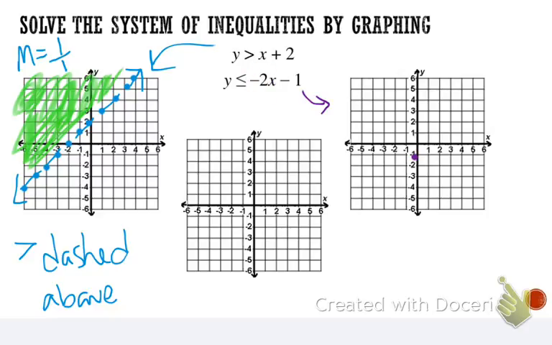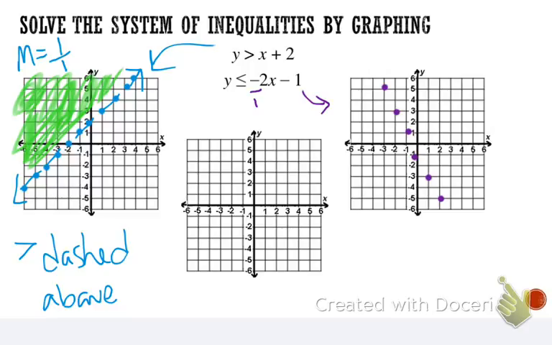Just put it over 1, and that's your slope. This means I'm going to go down 2 units and 1 to the right. Or you go up 2 units and 1 to the left.